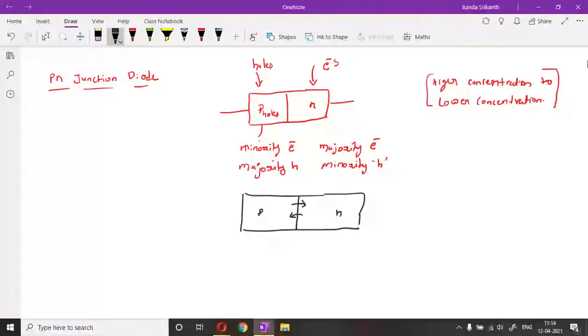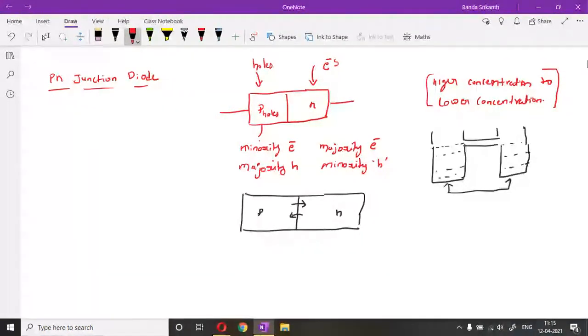See, suppose you take two water tanks, and in between you connect one pipe. There is water here, and here also there is water. If the level is the same on both sides, is there any water flow?